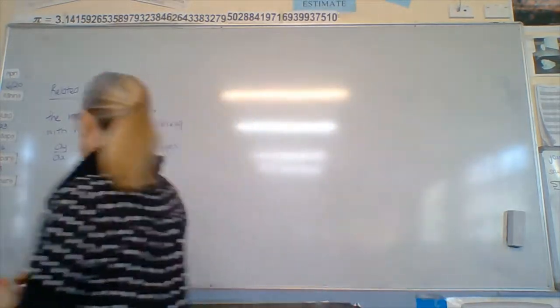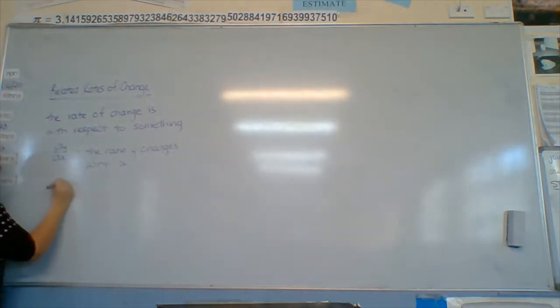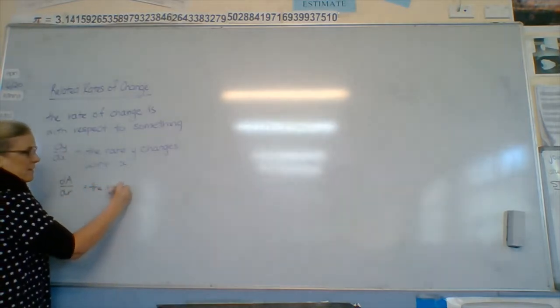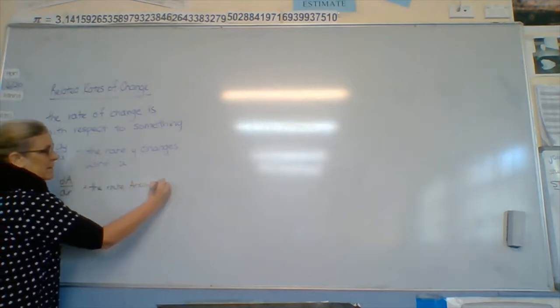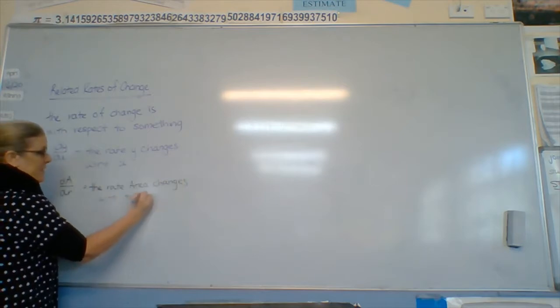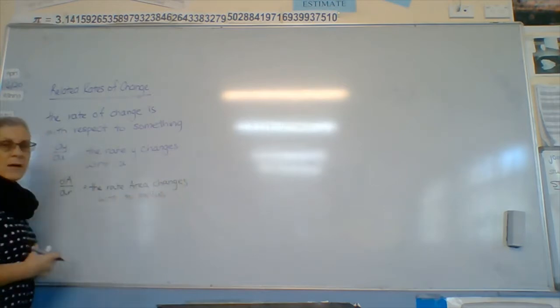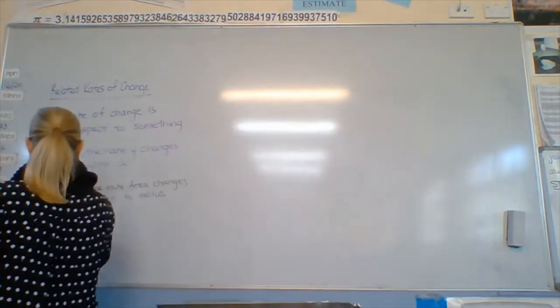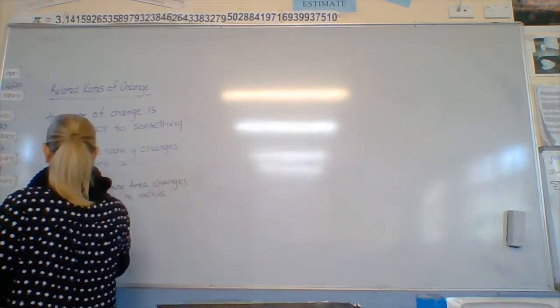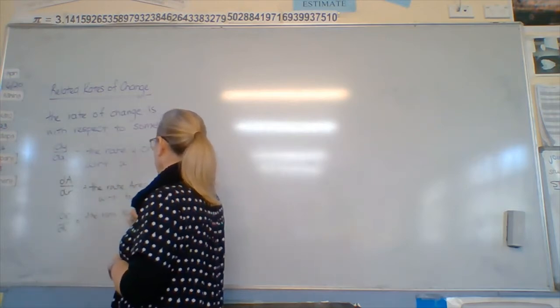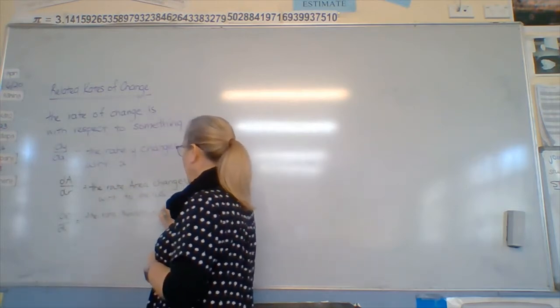Now we're into actually applying it to things. We will get things like dA by dr, the rate at which area changes with respect to radius in this particular case. Or we may get something like dr by dt, the rate the radius changes over time.